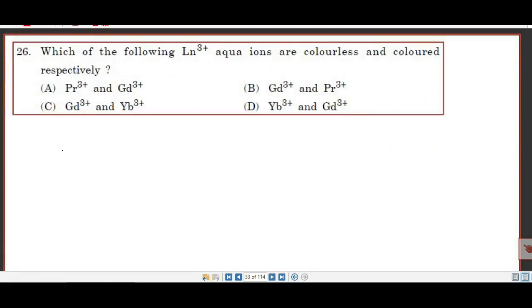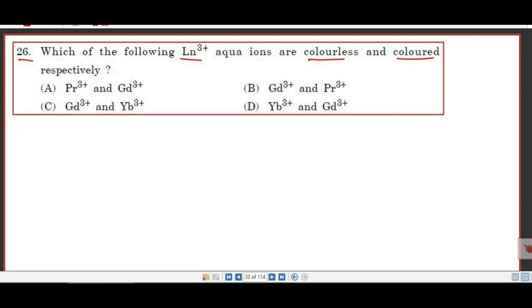Now question number 26. Which of the following lanthanide 3 plus ions are colorless and colored respectively? A pair of ions has been given, and you have to identify which one is colored and which one is colorless.